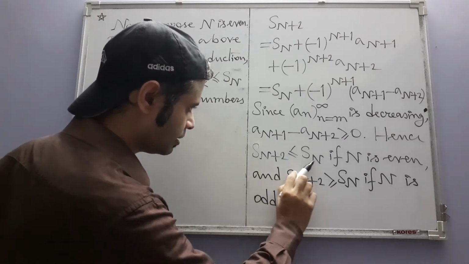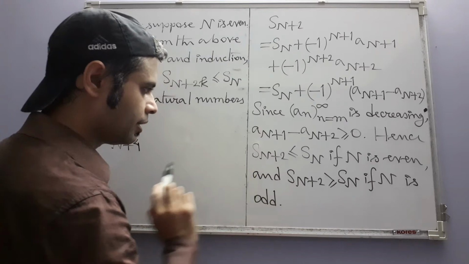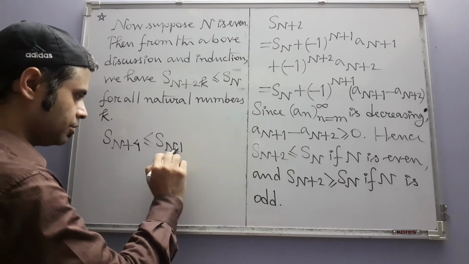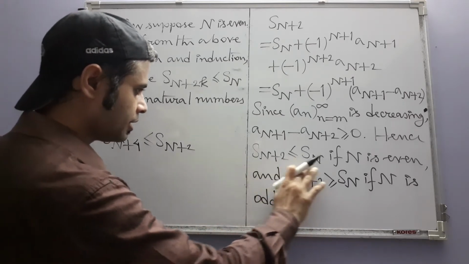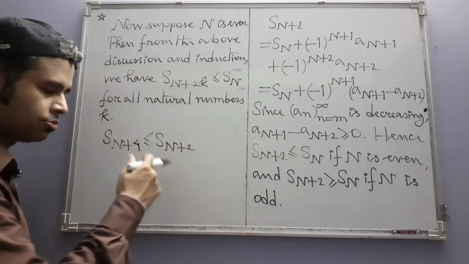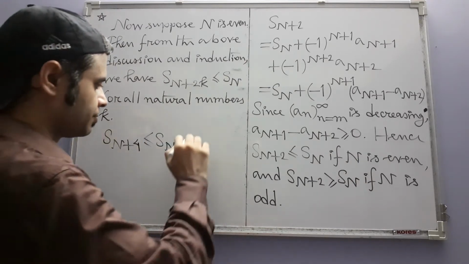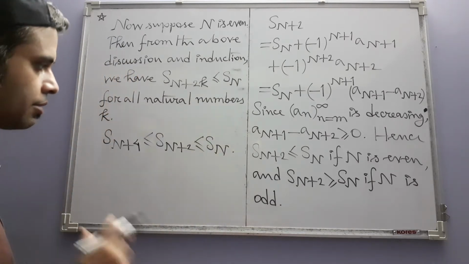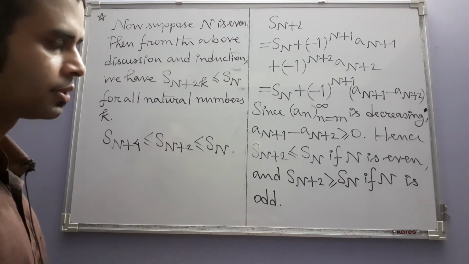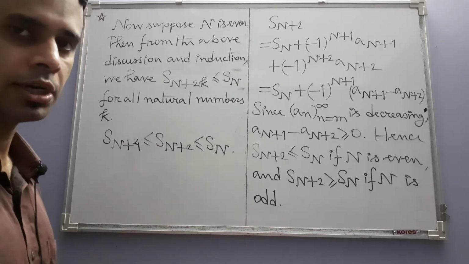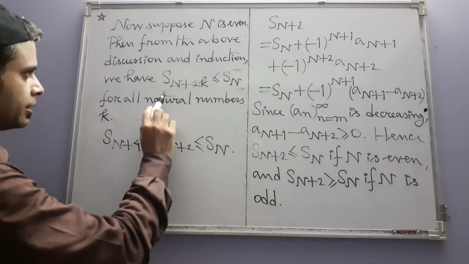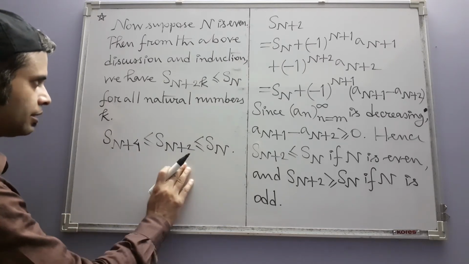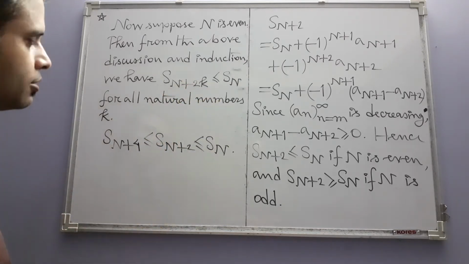So in this inequality, if you replace n with n plus 2, you then get this thing, which you can do, because this inequality is true when n is even. Now n plus 2 is also even, and this again is less than or equal to Sn. So Sn plus 4 is less than or equal to Sn. Just like that, Sn plus 8 will also be less than or equal to Sn. In general, one can guess that these inequalities are going to be true, and in proving that one can use induction. So that's what the author is saying here.